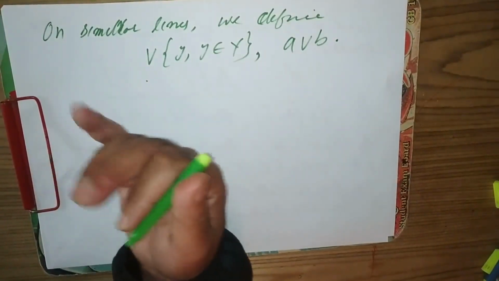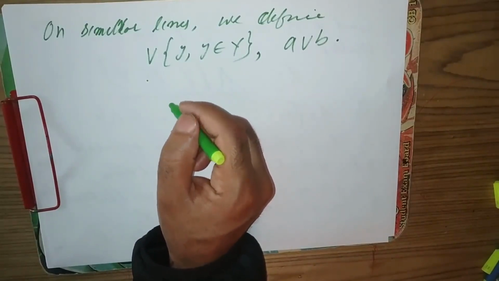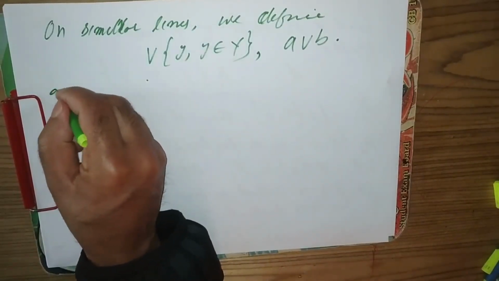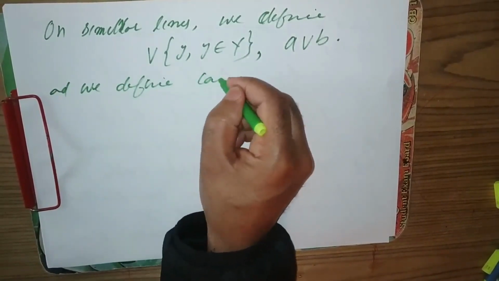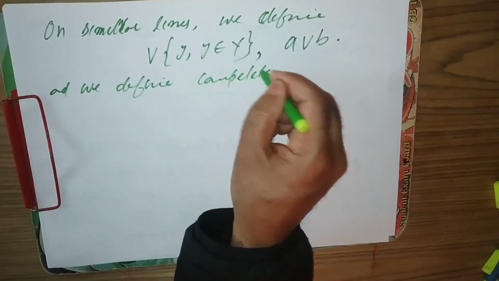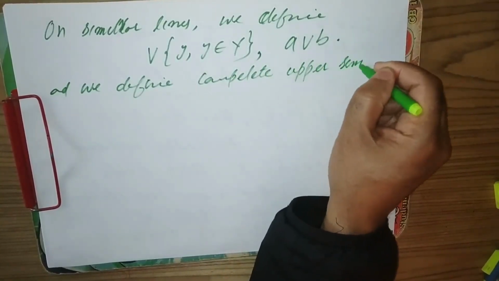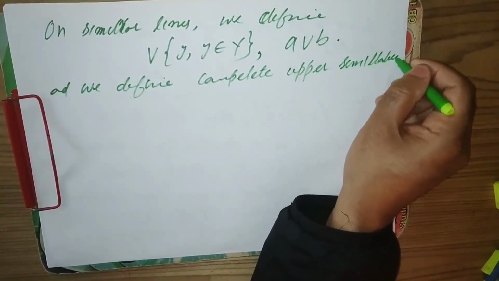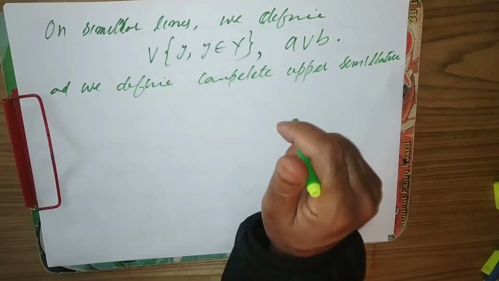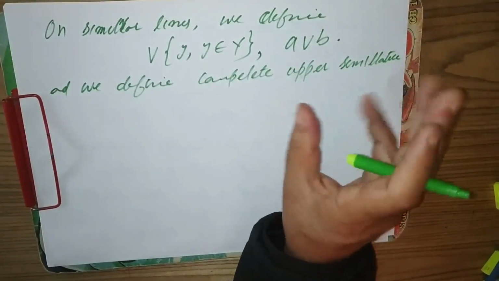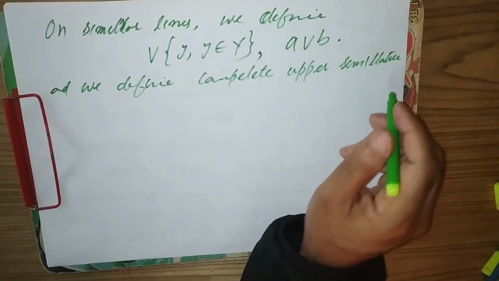Then we give an analogous definition of a complete upper semilattice. Complete upper semilattice means that if the least upper bound of any subset Y of X exists, then this partially ordered set X is called a complete upper semilattice.